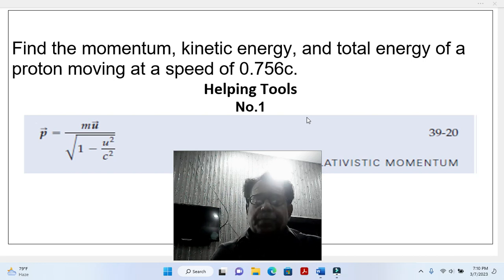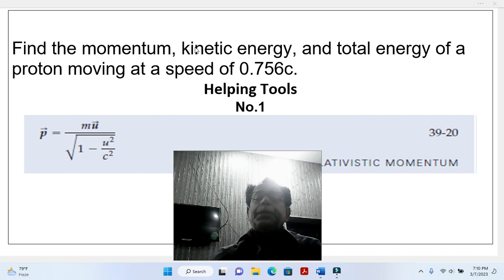So as usual, here we have to find three things: momentum number one, number two kinetic energy, and then total energy. Here parts A, B, C are not given. However, these could be arranged in such a manner, but nevertheless, it does not make any difference.